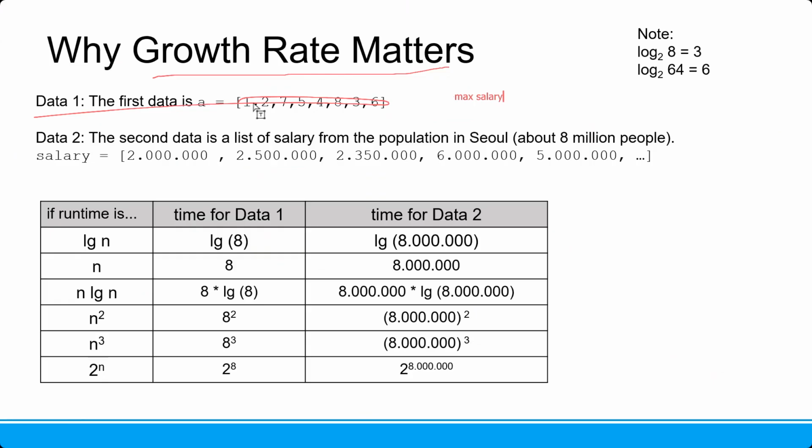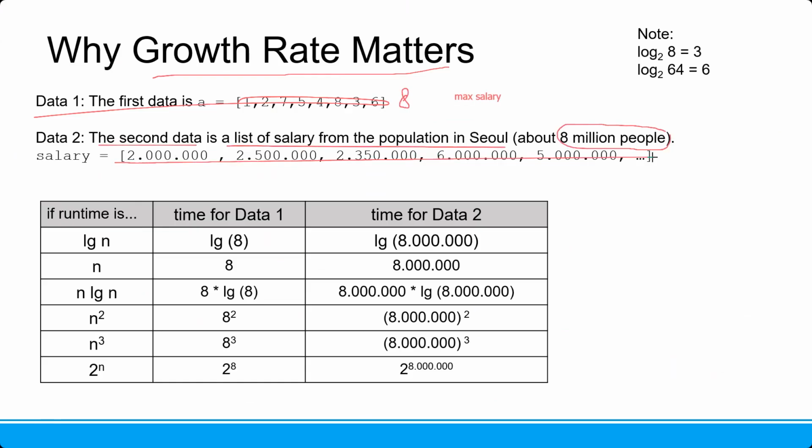This data is 1275486. We have only 8 data. Now let's suppose the same data is a list of salaries from the population in Seoul. In Seoul, there are 8 million people who have a job, let's say, for example. Then you will have data for 8 million.